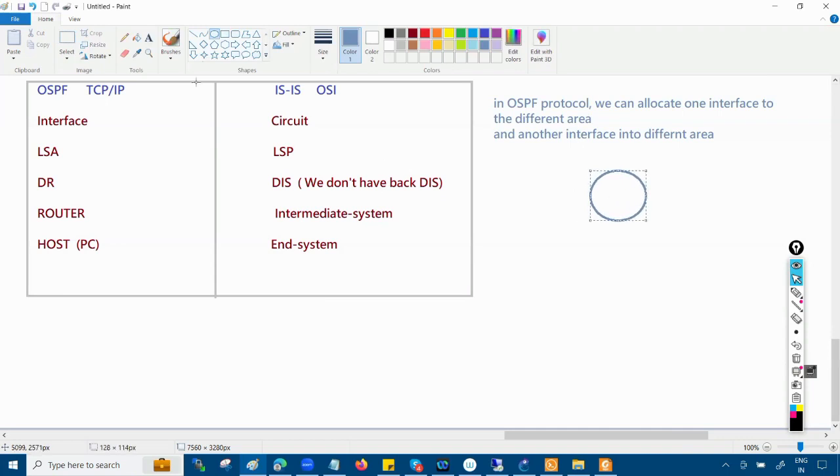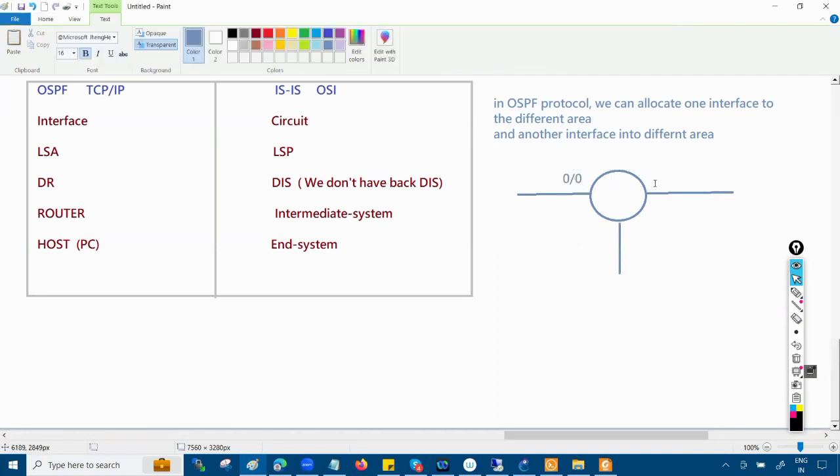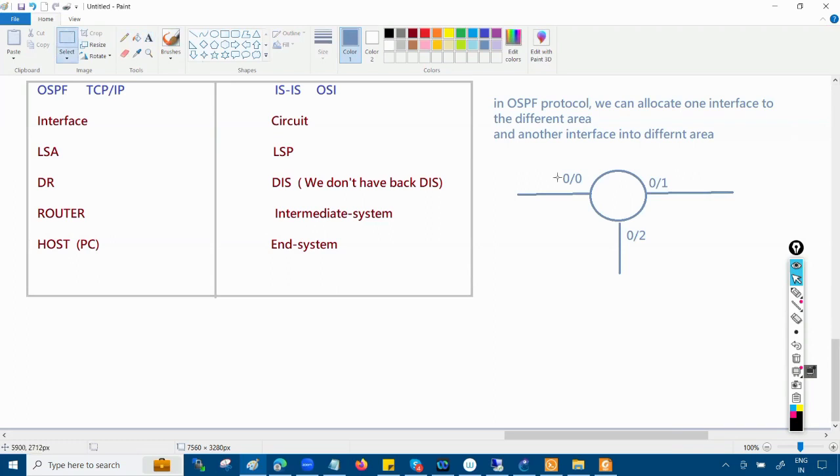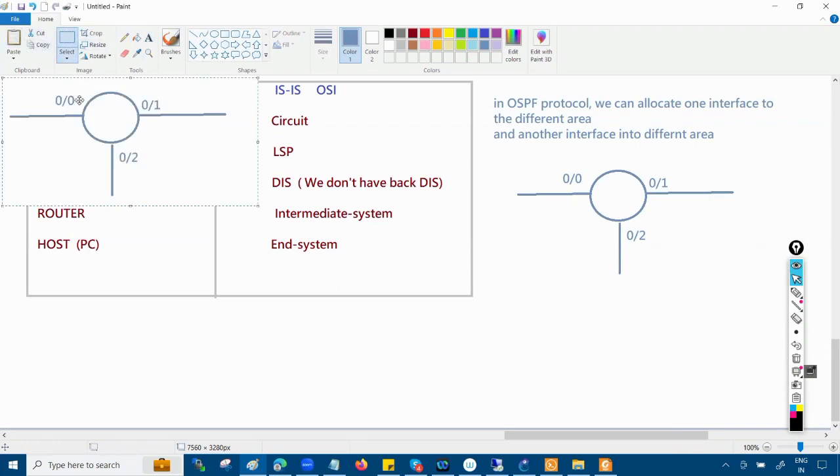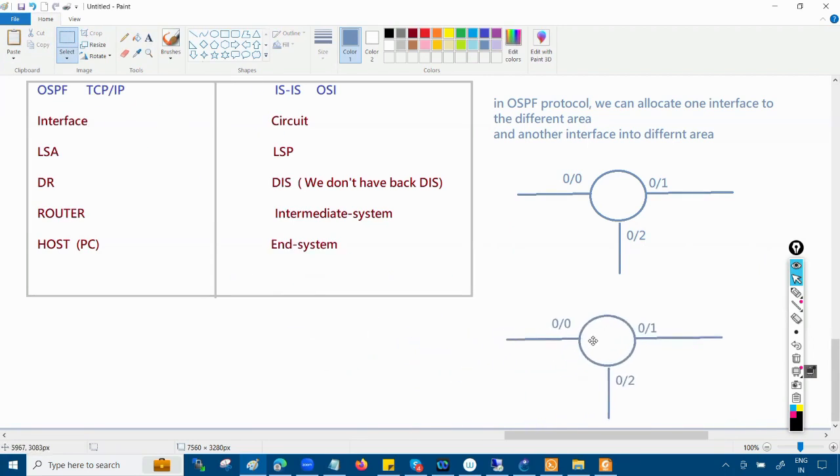Take an example: this is router one. I have two interfaces, F0/0, F0/1, and we have F0/2 as well. Let me write F0/0, F0/1, F0/2. Let me copy and paste the same thing over here.